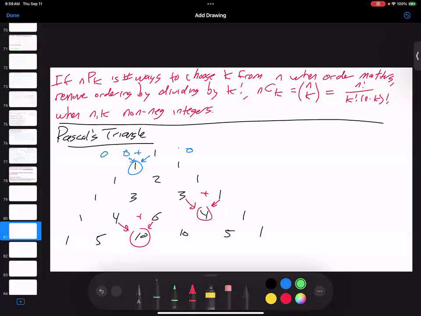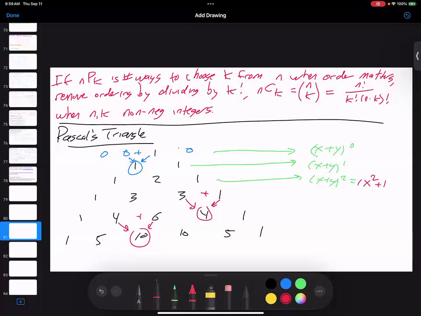It turns out that one of the reasons this is so useful is I can view this as x plus y to the 0. I can view this as the expansion coming out from x plus y to the first. And this x plus y to the second, which is going to be 1x squared plus 2xy plus 1y squared.